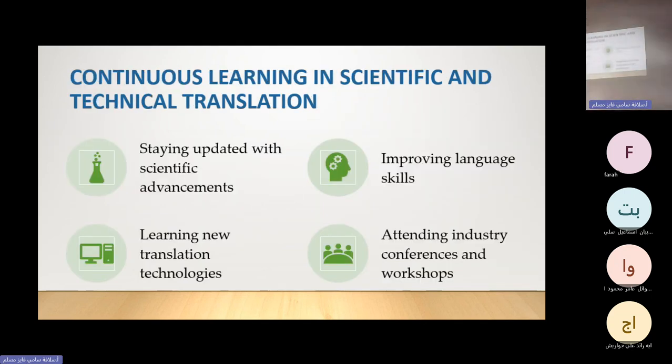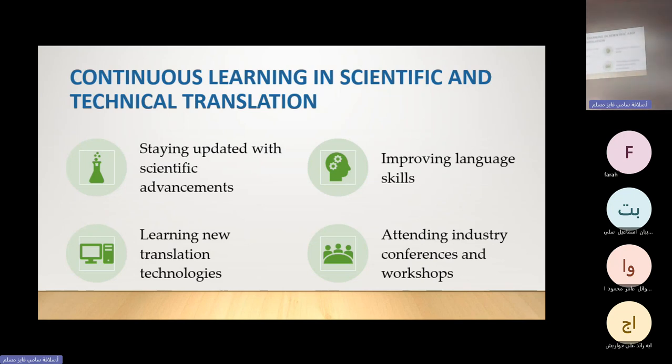Scientific and technical translation or translation in general is a constant learning process. You always learn. يعني أنا مثلا I have 15 years of experience in translation ولكن every day I learn something new. Okay? I learn a new word.